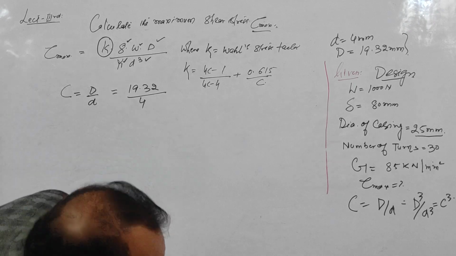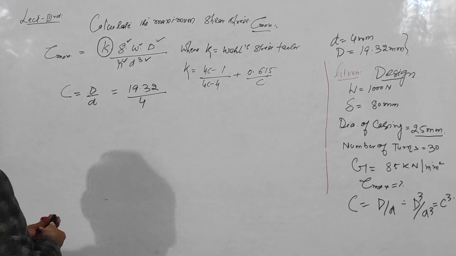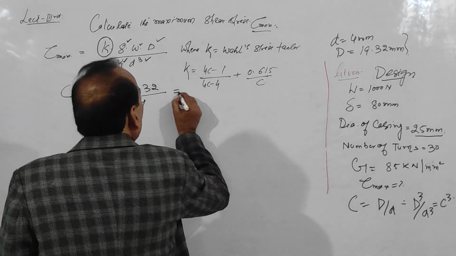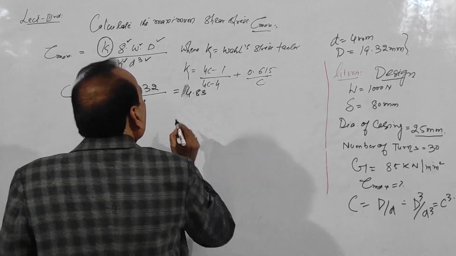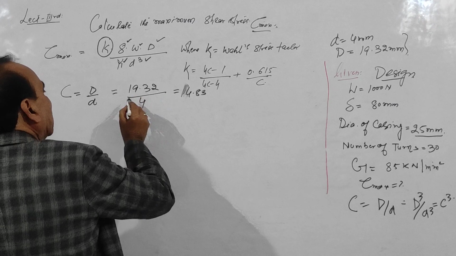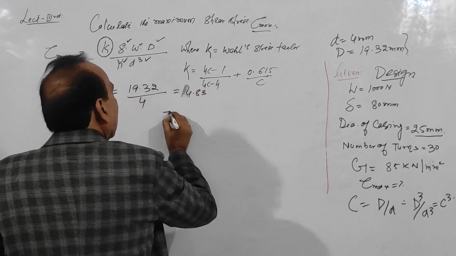This is 4.83, and by substituting the value of C here, तो आप K निकालो.